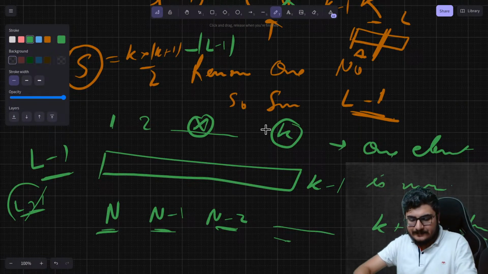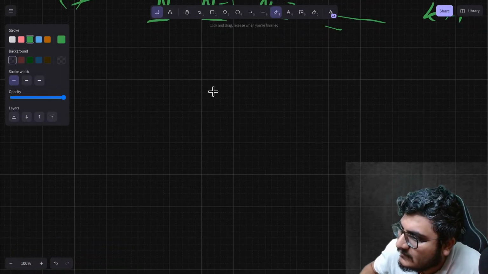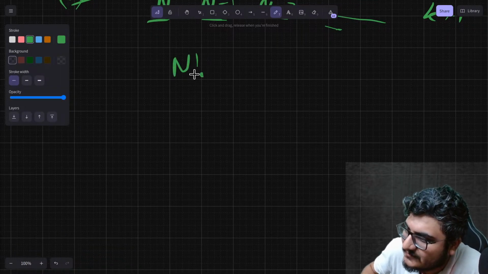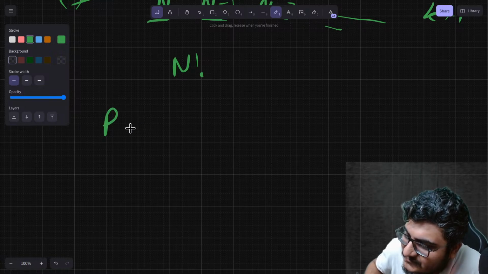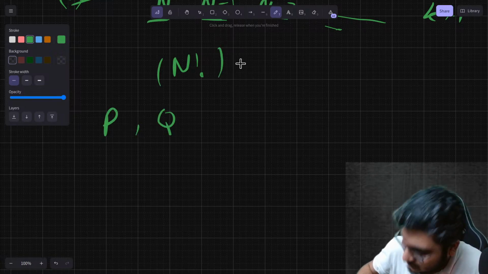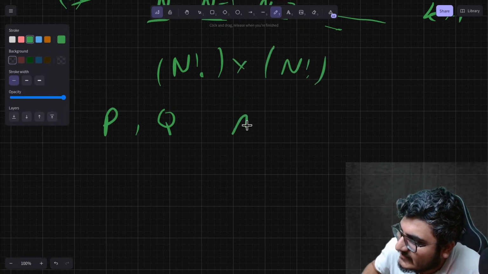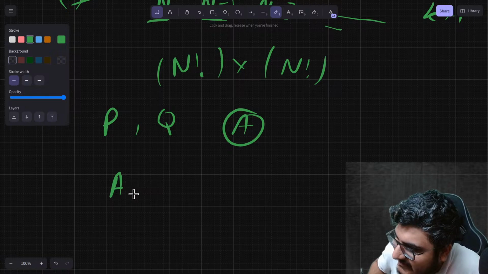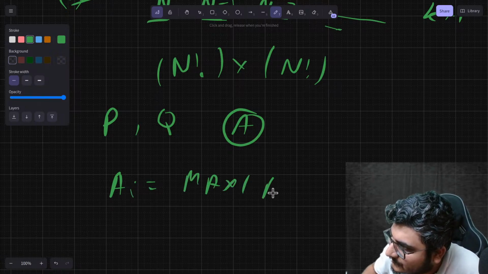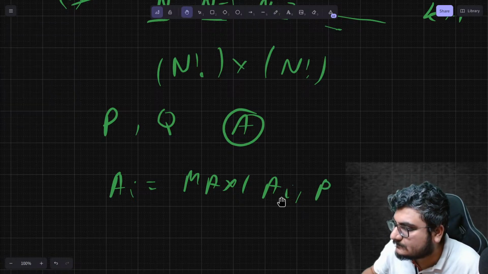So what it says is, let's look at all the permutations, there are n factorial permutations here. So let's look at all such permutations P, and for all such permutations Q, a total of n squared such pairs. We will create an array A where A_i would be max of P_i, Q_i.